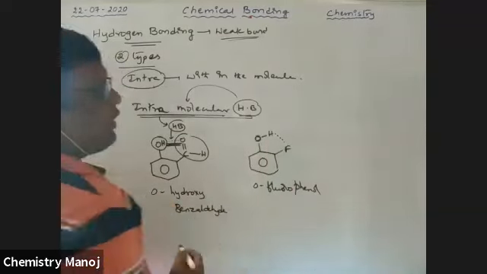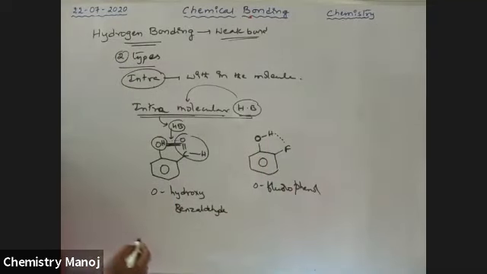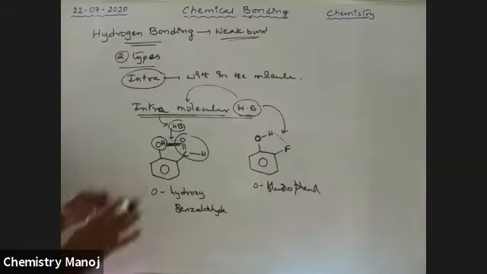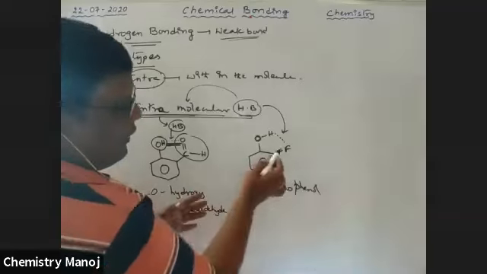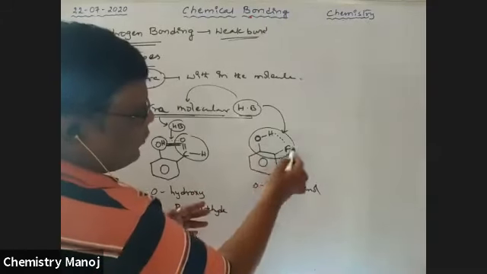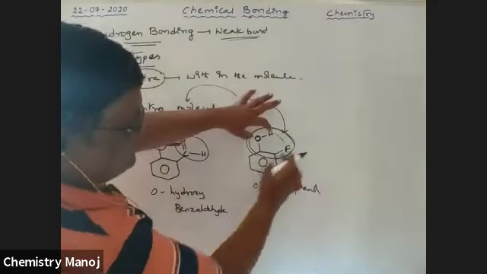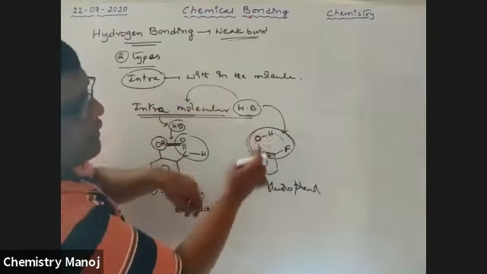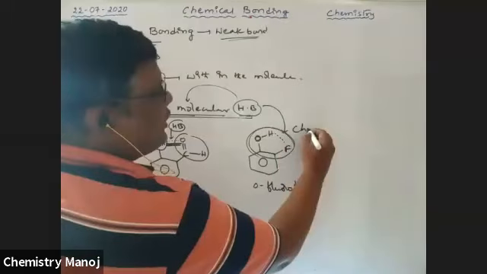So there is intramolecular hydrogen bonding. Because of this, ring closing is possible. Actually this is one group, but because of the formation of this hydrogen bond, the ring is closed, which is called chelation.